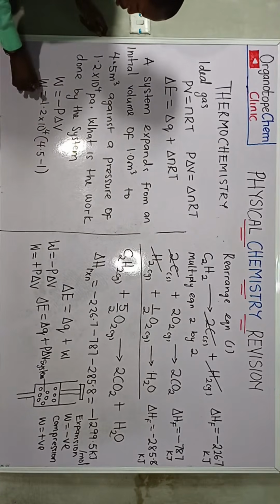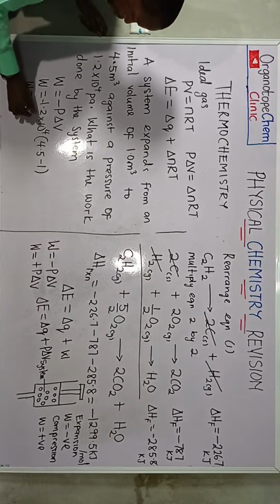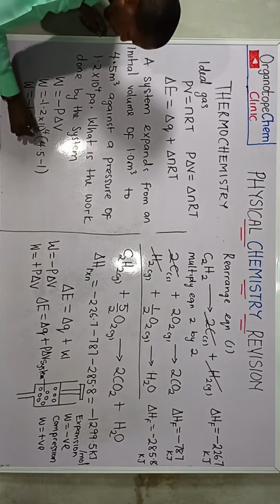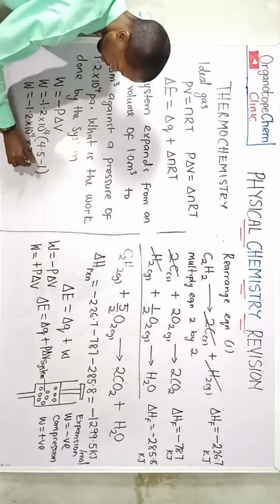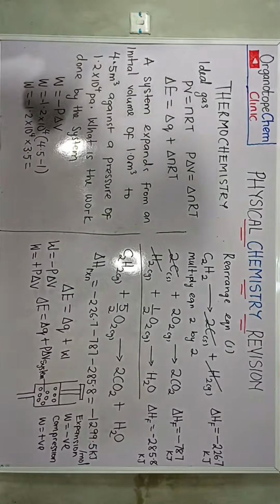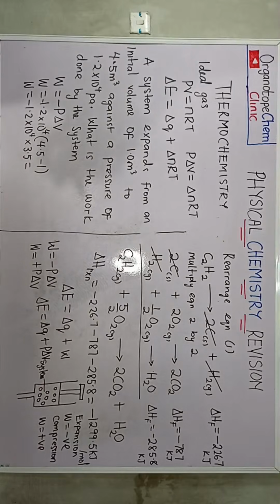So we have W equals minus 1.2 times 10 raised to power 4 times 3.5. So what's the final answer? Can you press your calculator?